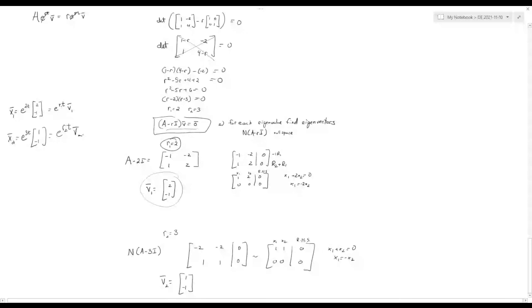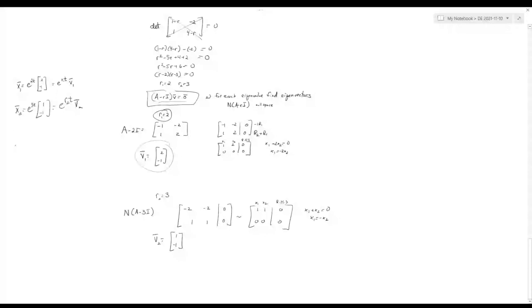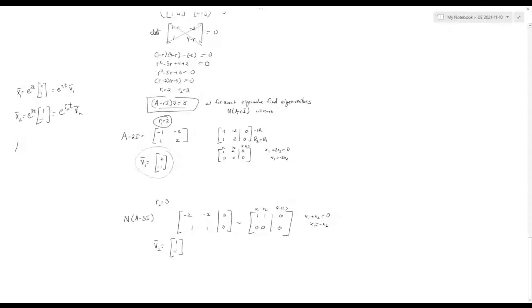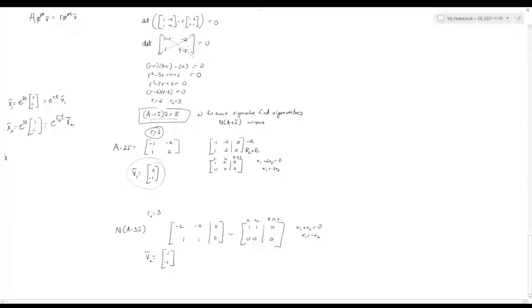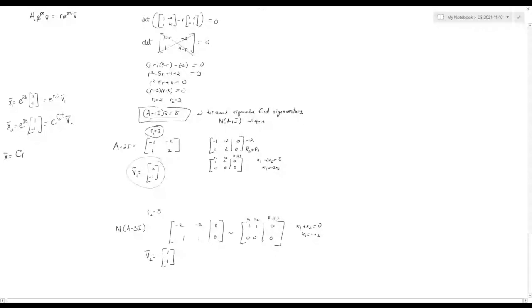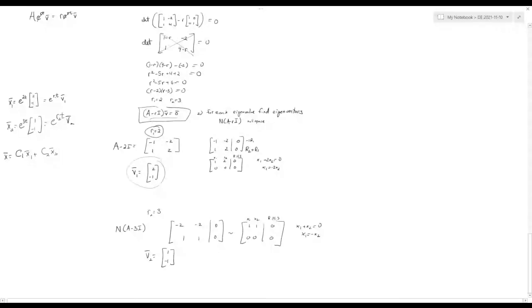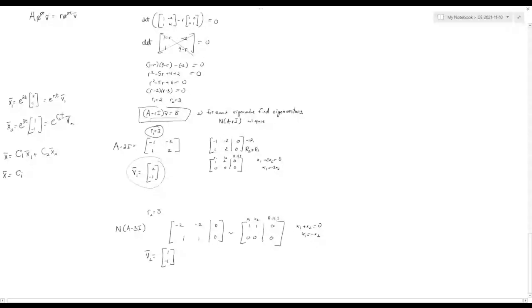Okay. So a general solution to the original system is going to be a combination of these two solutions. That should sound familiar. The solution will be some multiple, C1 and C2 arbitrary constants, by the way, of e to the 2t, and so on.